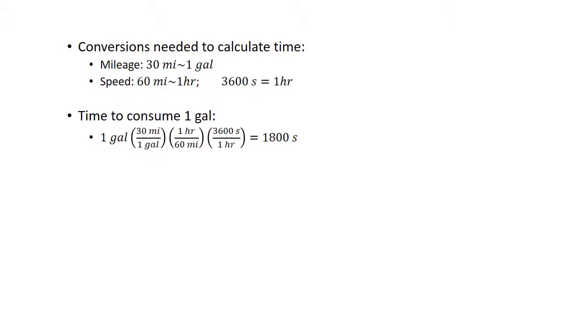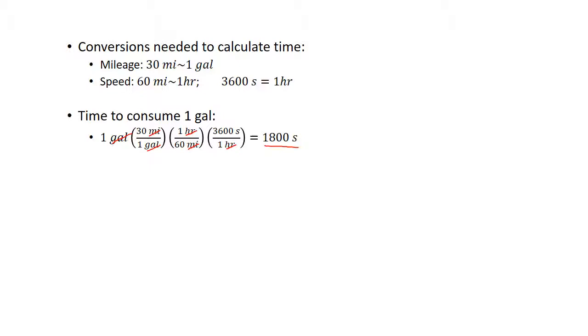In 1 gallon we go 30 miles. How long does it take to go 30 miles? If we're going 60 miles an hour, it should be obvious that that's half an hour. We convert that half an hour into seconds, and we get 1,800 seconds.